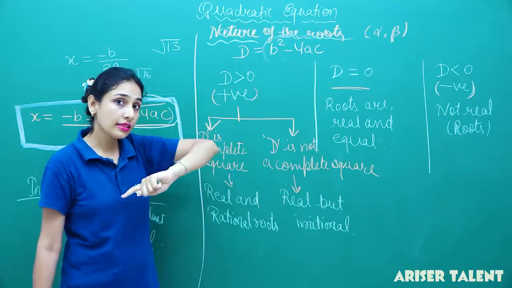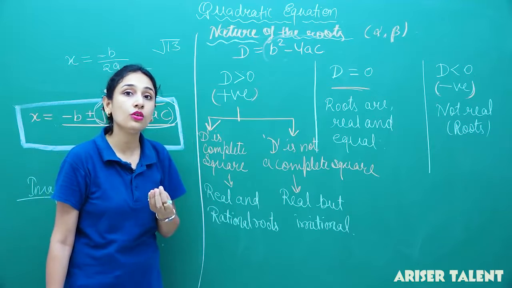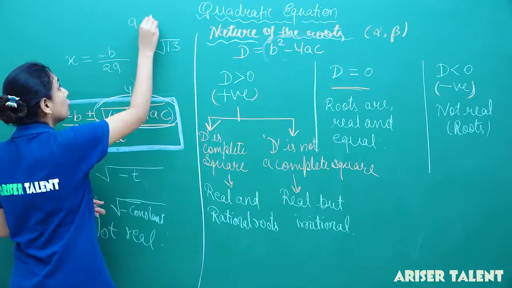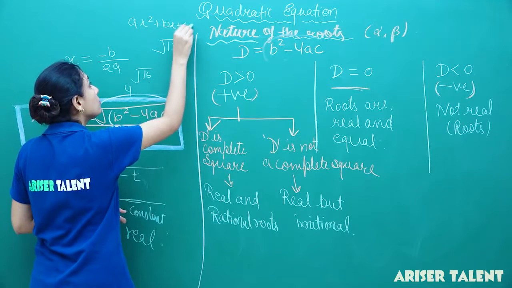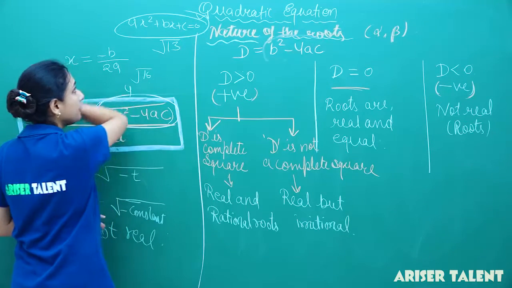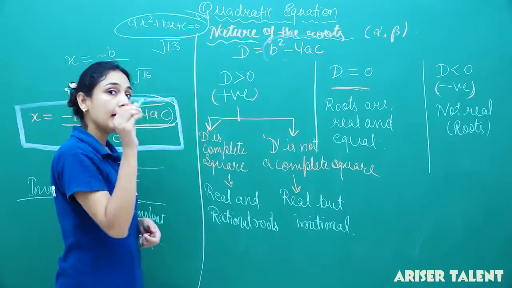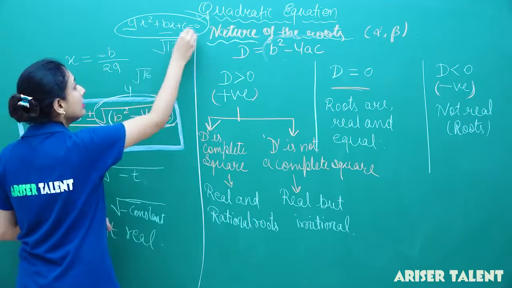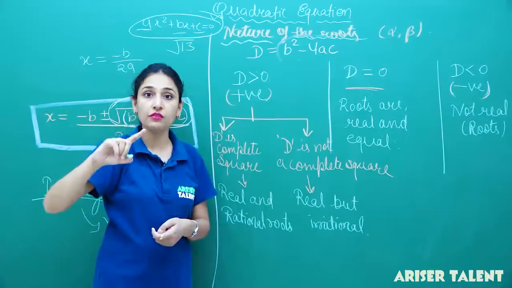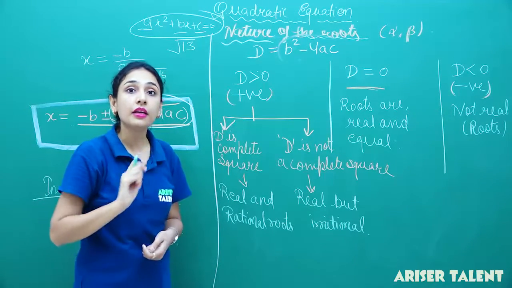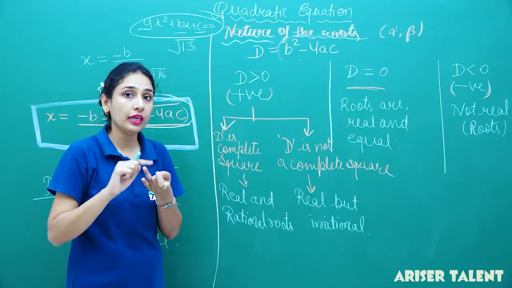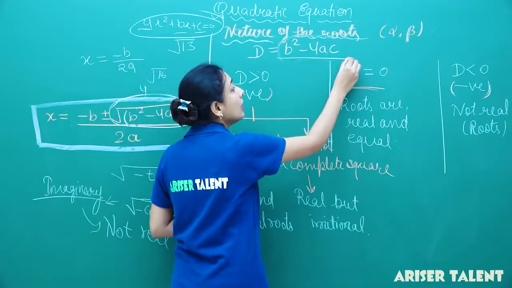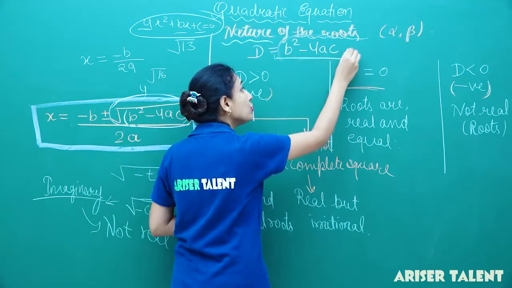Now if you are given a question with an equation ax square plus bx plus c equals to 0, then what can you do? You can find the values of a, b and c by comparing your given quadratic equation to this standard equation. Now you have the values of a, b and c. Now you have to find the nature of d.